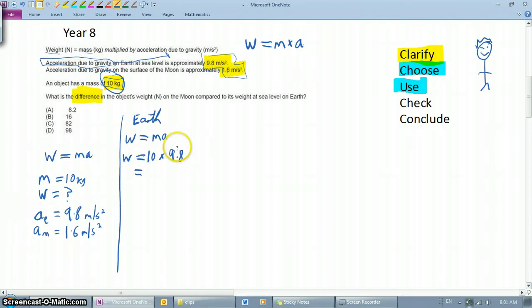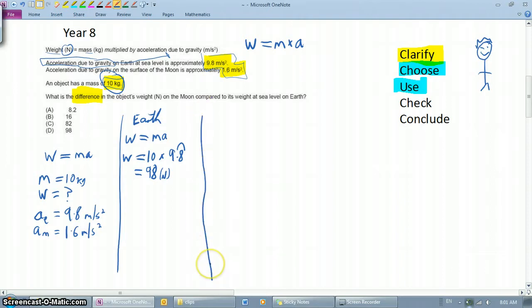So 10 times 9.8, I move the decimal place once to the right because I'm multiplying by a factor of 10, would be 98. If I wanted to be specific, I would include the units as well, even if I didn't know what they meant. So the weight on Earth, based on the information we have, is 98 newtons.